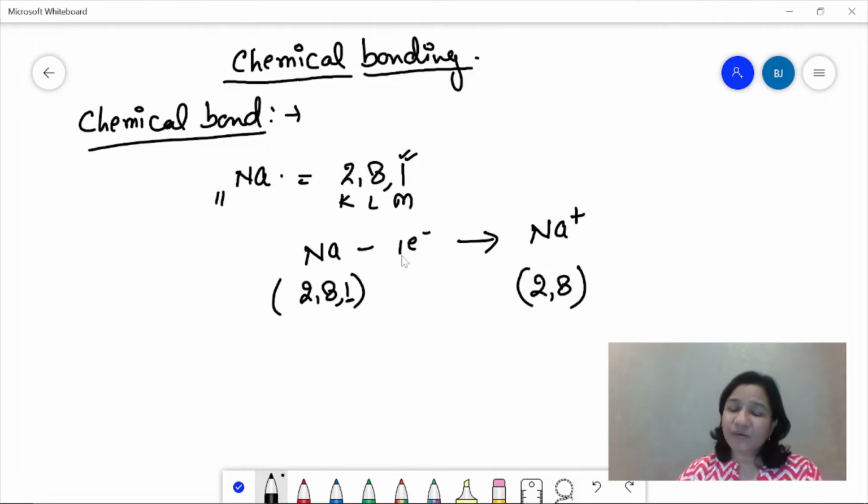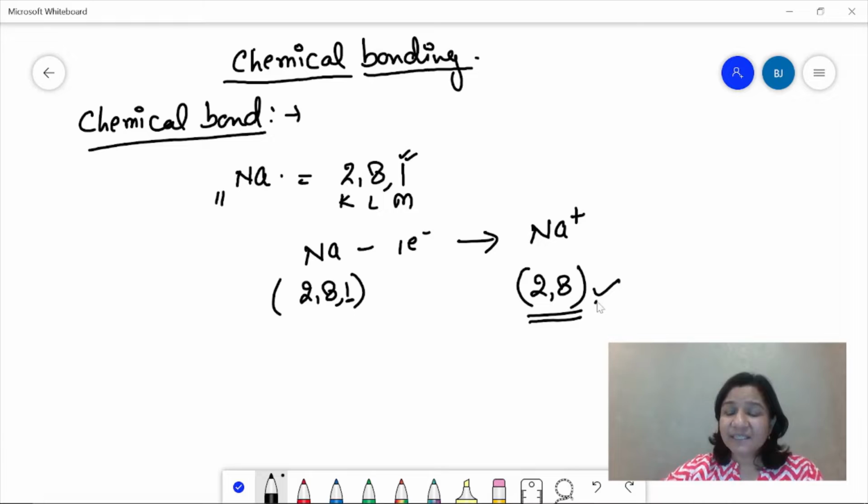Loss of 1 electron gives a +1 charge, loss of 2 electrons a 2+ charge, 3 electrons a 3+ charge, and so on. Sodium's configuration is 2,8,1, whereas the sodium ion is 2,8. This is how sodium attains the stable configuration and completes its octet.